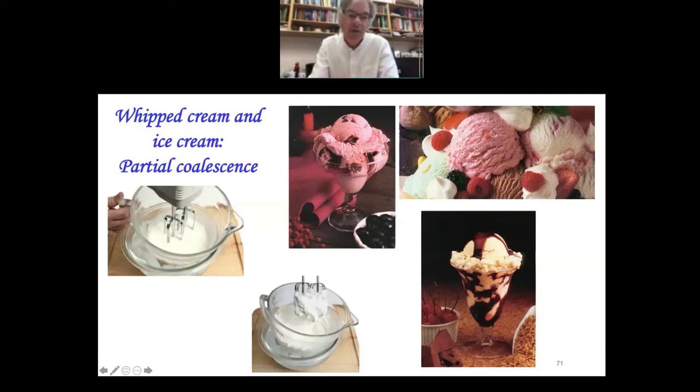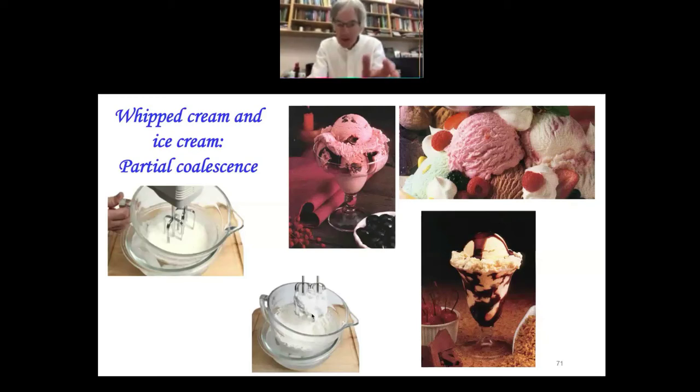We pour that into a vessel and we put our beater in there. The beater is agitating it, which is creating shear, and it's also incorporating air. And within typically less than a minute of beating, you can see here that we've created this spoonable, stiff material that has a built-in structure to it. And that's spoonable. We can put a spoon of it on top of a dessert.